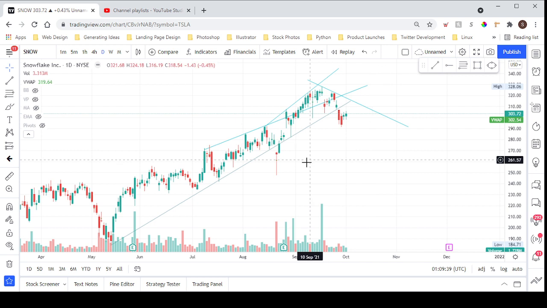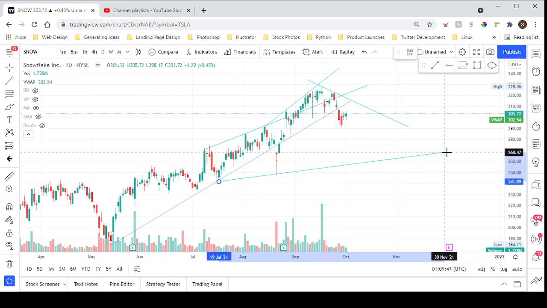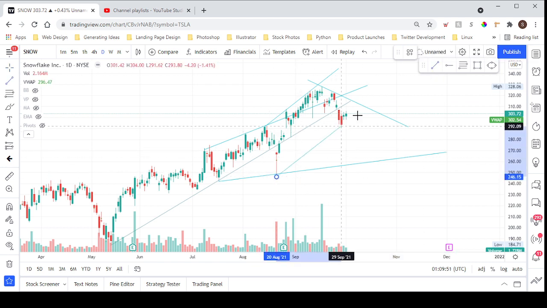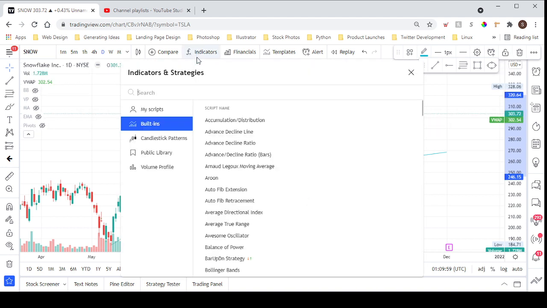All right, so let's see what we got here. Okay, so I am not seeing a lot happening here. So that's a support line right there. Let me see if I can add the ATR.